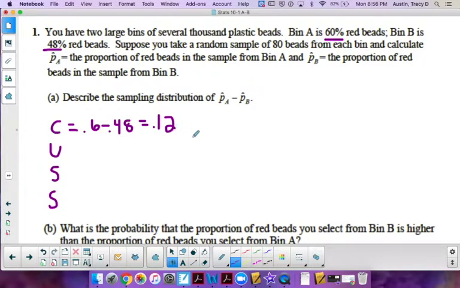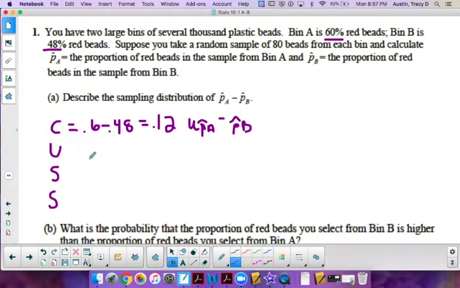And that's the mean, and you can actually state that that is the mean of p hat A minus p hat B. And we really should make sure that we're using the proper notation because that is the mean of the sampling distribution of those differences.